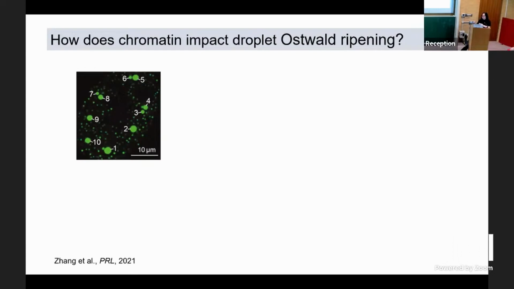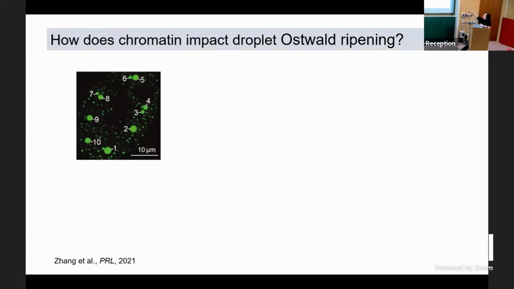Ostwald ripening is most significant when there are droplets of very different sizes, right? Because, as we were saying, it's the radius difference that leads to a pressure difference. So Daniel did this experiment, in which he focused light on individual spots to create big droplets.